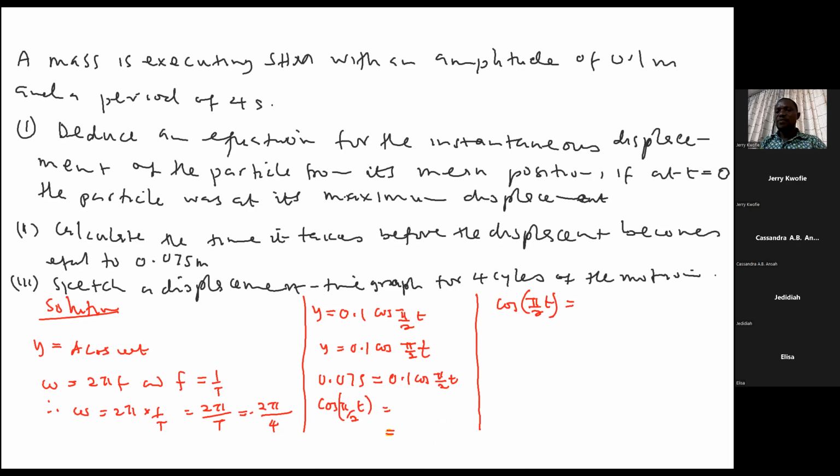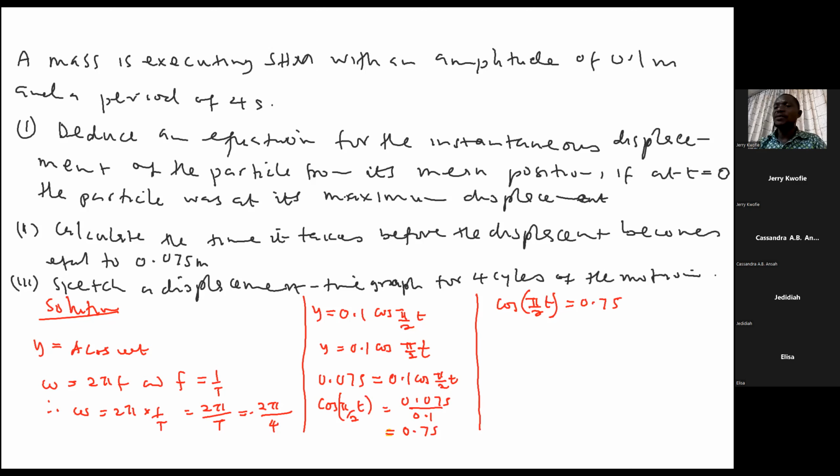If you make cos of pi over 2 times t the subject, you should get 0.075 over 0.1. So what do you get there? 0.75. Yes. So we're going to have cos of pi over 2 times t to be 0.75.